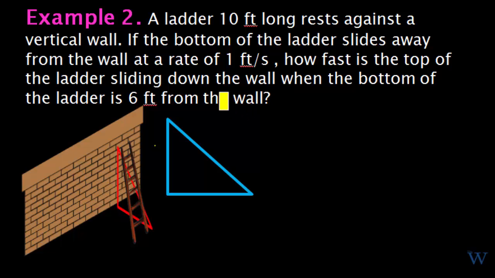A few things we need to pay attention to: first of all, that's a fixed value because that's the length of the ladder. And then we have this rate, how fast, and the words when the ladder is 6 feet from the wall.